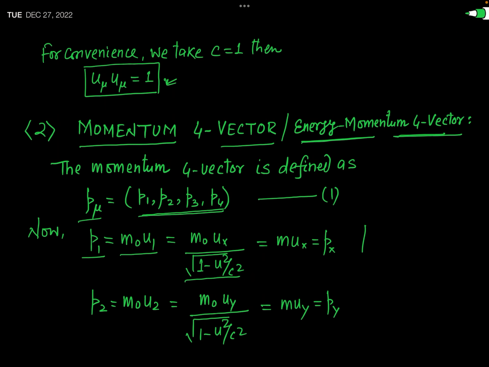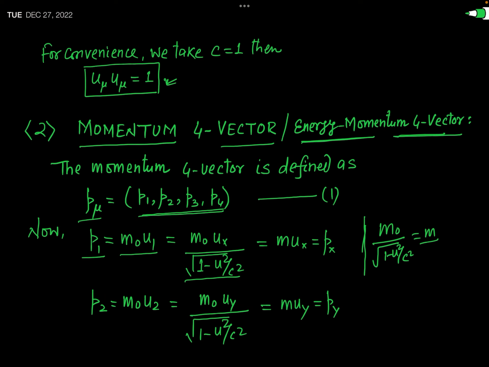But you have definitely studied the relativistic mass variation formula in special relativity. In the previous lecture, I discussed this relativistic mass variation in great detail. And you have seen that m naught over root over 1 minus u square by c square is simply equal to m. This is actually the relativistic mass, m.